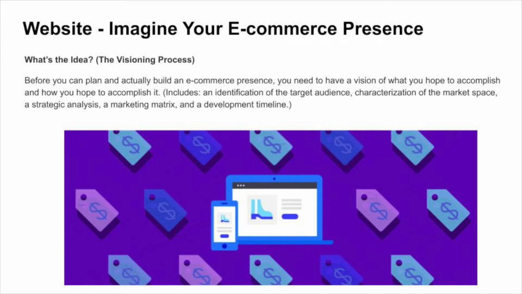So before we can plan and actually build an e-commerce presence, we need to have a vision of what you hope to accomplish and how you hope to accomplish it. This includes an identification of who the target audience is, where we sit in the market space, kind of a strategic analysis of what's going on, the idea of the price, the place, the product, and promotion, this marketing mix, and most importantly, a timeline for when we want to achieve this vision.